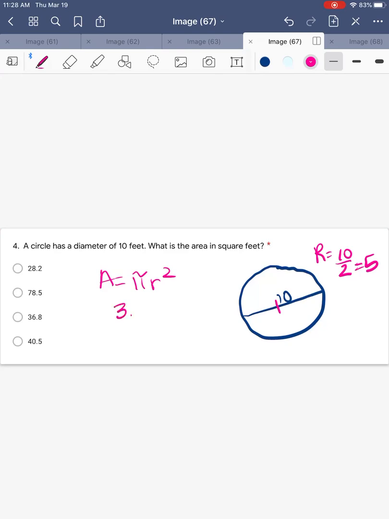So if I'm taking pi, which is 3.14, timesing it by the radius, 5 squared, what does that equal? 5 times 5 would be 25. So whatever 3.14 times 25 is, that would be my answer.